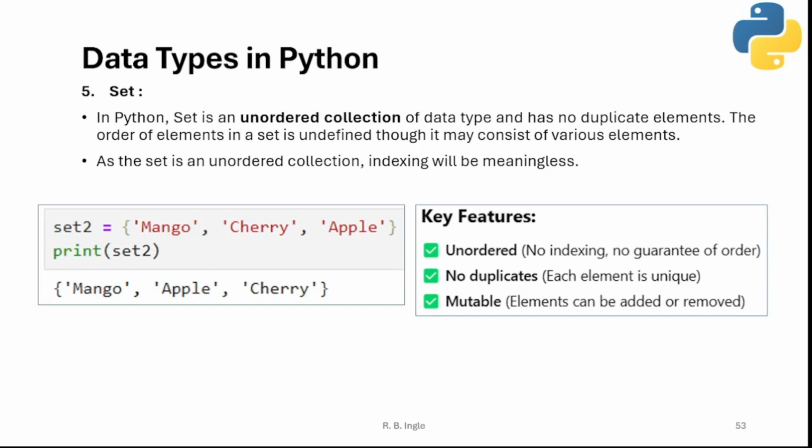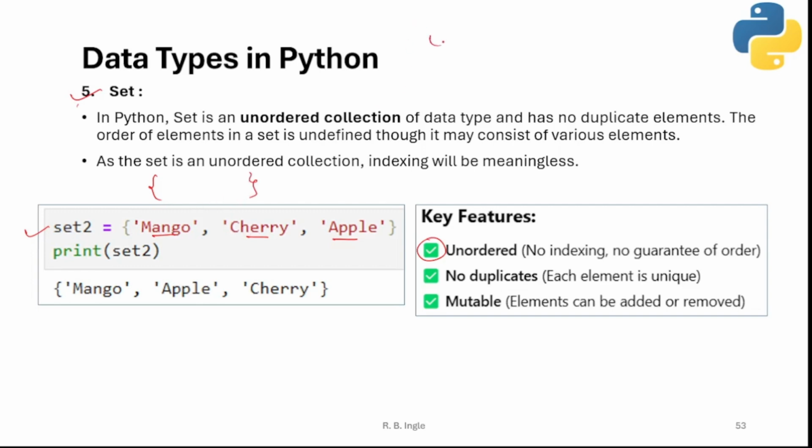Now set is another data type. Again it is a collection of data, but here it is unordered. Unordered means what? It will not retain the sequence of the data. See here, I have saved the set as mango, cherry and apple. These are the 3 elements, and we use curly bracket to make the set.